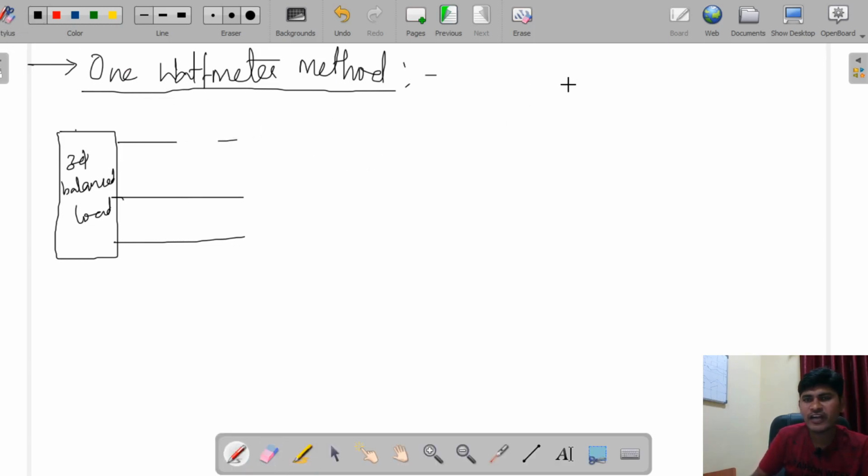You're going to have one wattmeter, only one wattmeter, that is one current coil and one pressure coil. You place the current coil of the wattmeter in any one of these three lines.